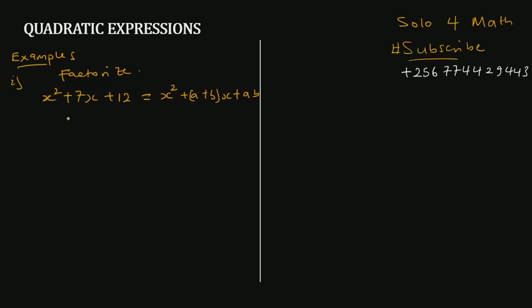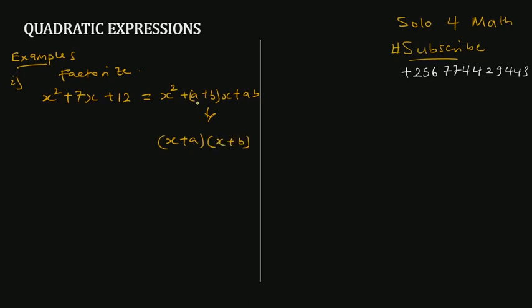If we can find the values of a and b, then remember we said this one was (x + a) into (x + b).